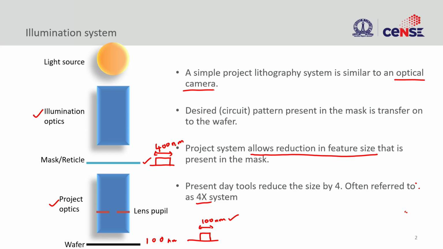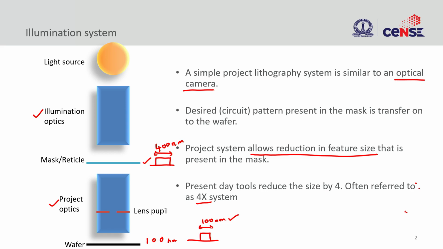There are a lot of advantages in doing this reduction. One primary advantage is the mask technology itself. Making 100 nanometer features on the mask would be very technology intensive, but making 400 nanometer may not be. So we can make larger features and then reduce their size.